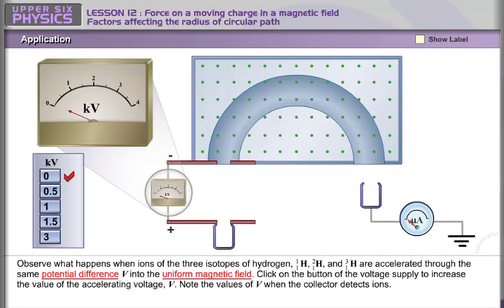Observe what happens when ions of the three isotopes of hydrogen, hydrogen, deuterium and tritium, are accelerated through the same potential difference V into the uniform magnetic field.